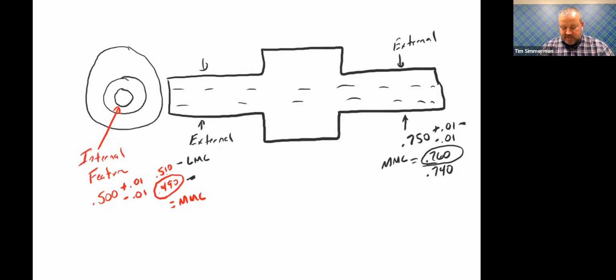When the hole is largest like that, we've got less weight on the part, so that's its least material condition. But on the external side, when the dimension is at its smaller, we have least material condition. Again, some repetition, some of that little homework, will help you grasp this a little bit more.